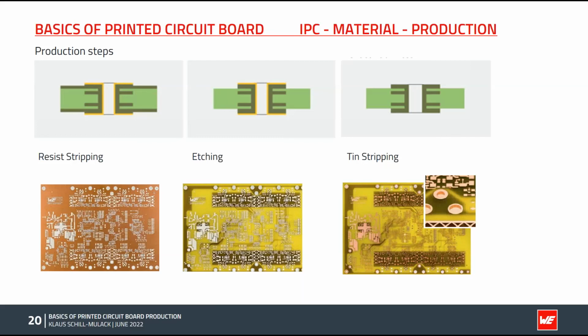In the etching step, the bare copper is removed, and in this step you can see the layout. Then we strip the tin, which leaves the copper structures, of course, and the PCB has all electrical function now.